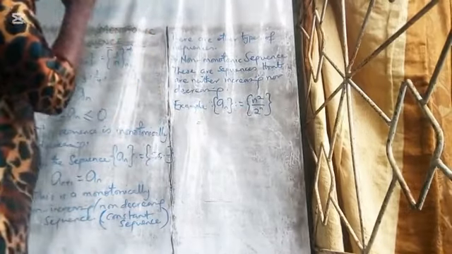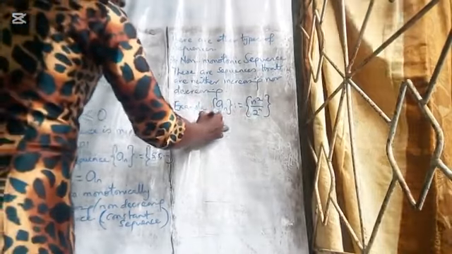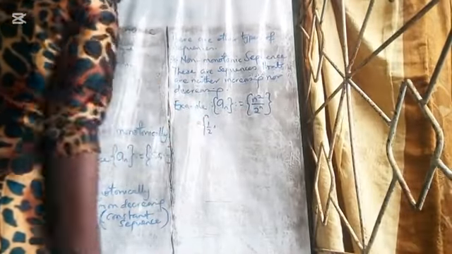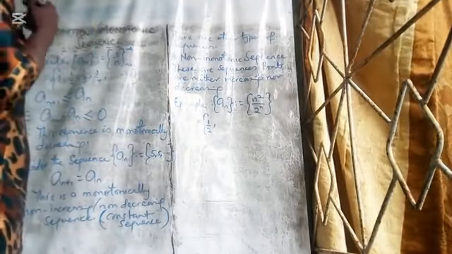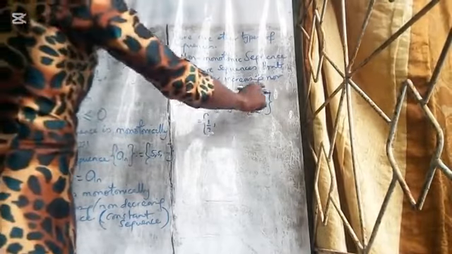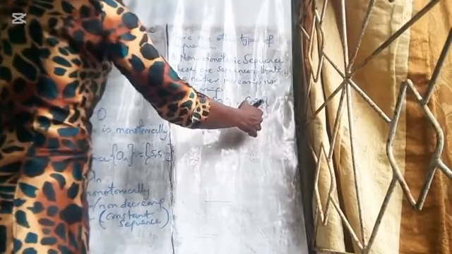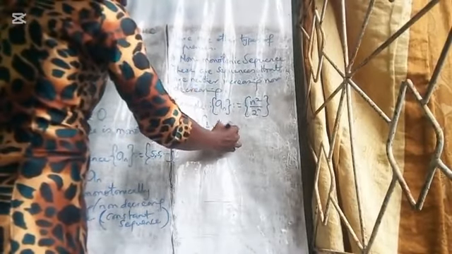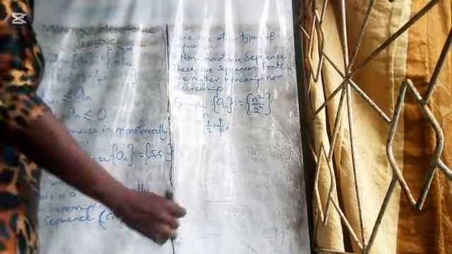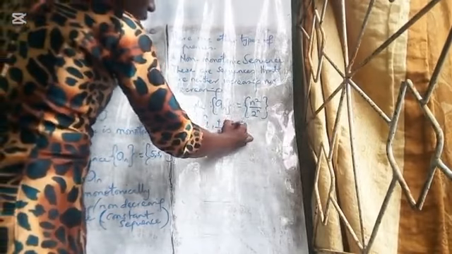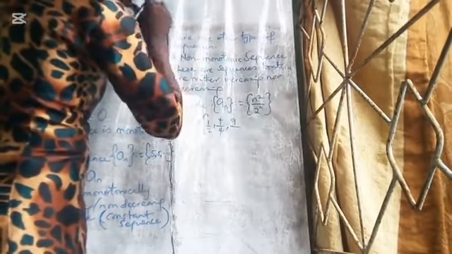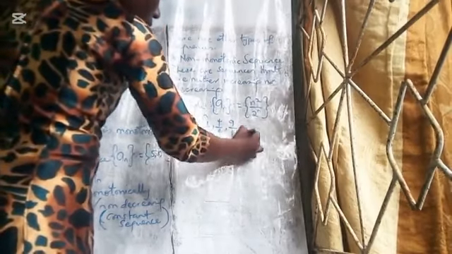What will be the terms of that sequence? The first term will be 1 over 2. The second term will be what? 2 raised to power 2, that is 4, over 4. The third term will be what? 3 raised to power 2, that is 9, over 2 raised to power 3, that is 8.